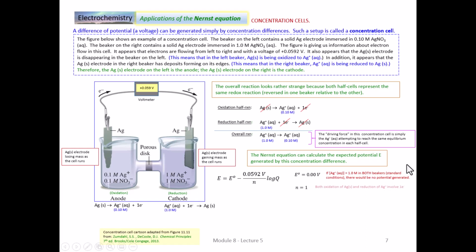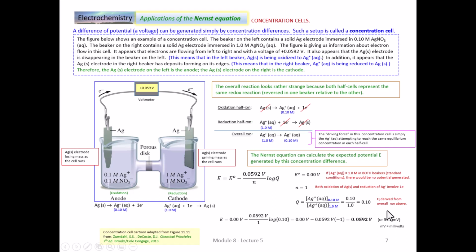N is 1 because both oxidation of silver metal and reduction of silver ion involve 1 electron. And the reaction quotient here would simply be the product concentration, which we said is silver ion at 0.1 molar, over the reactant concentration, which we said is silver ion at 1 molar. In other words, 0.1 divided by 1, or 0.1, so that would be Q.